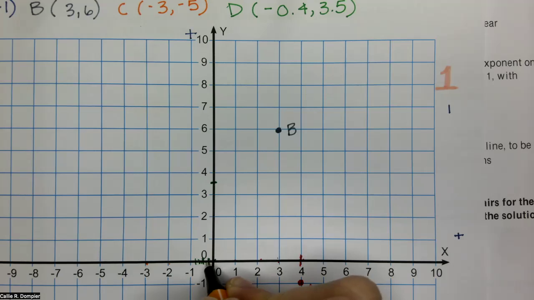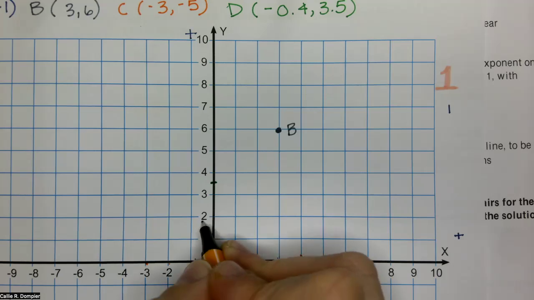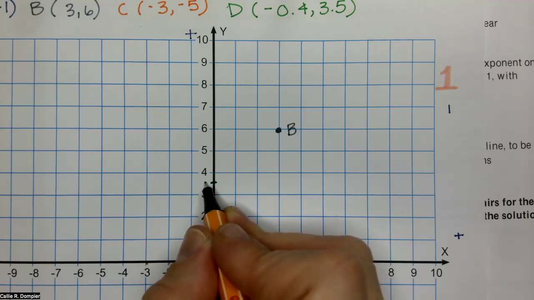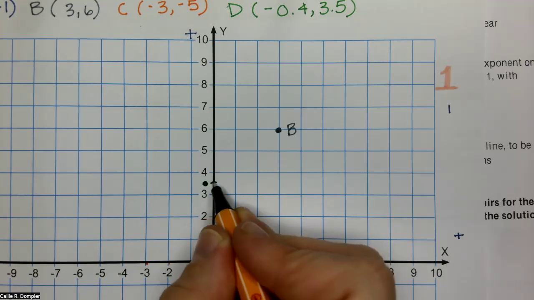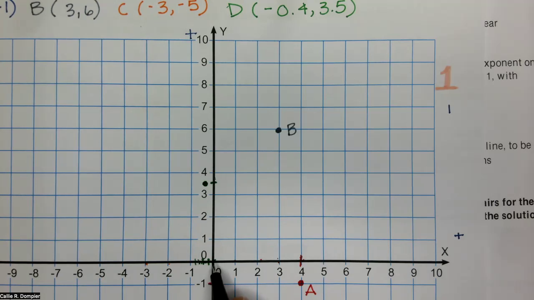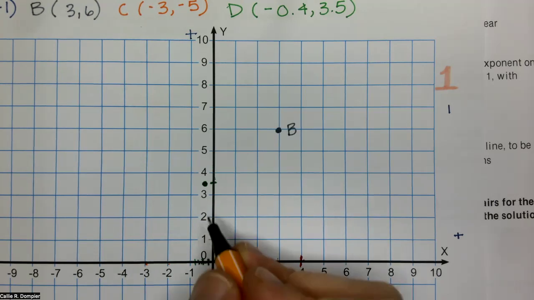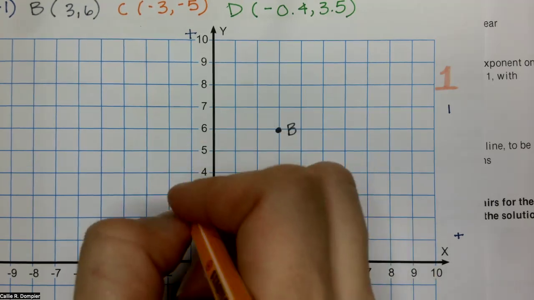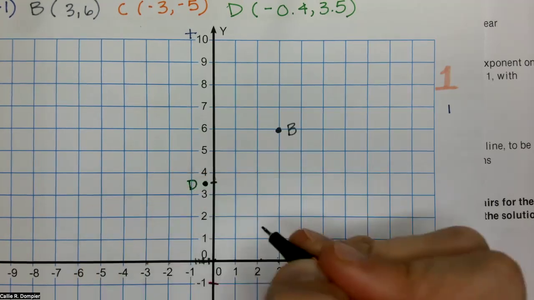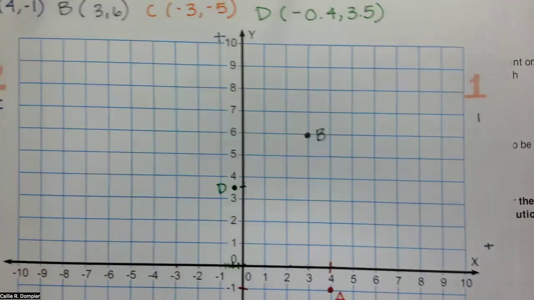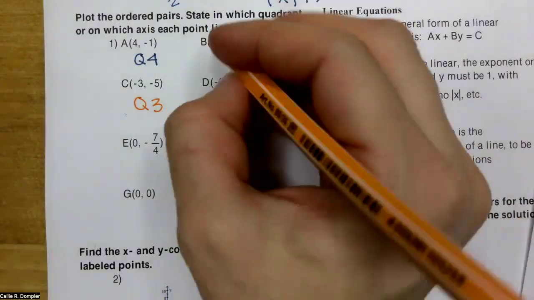So -0.4, +3.5 is going to be this point right here, right between 3 and 4, because it's 5 out of 10, or half. And here we have -4 out of 10, so 2 out of the 5 places, okay? So that's going to be point D, and that is in quadrant 2.